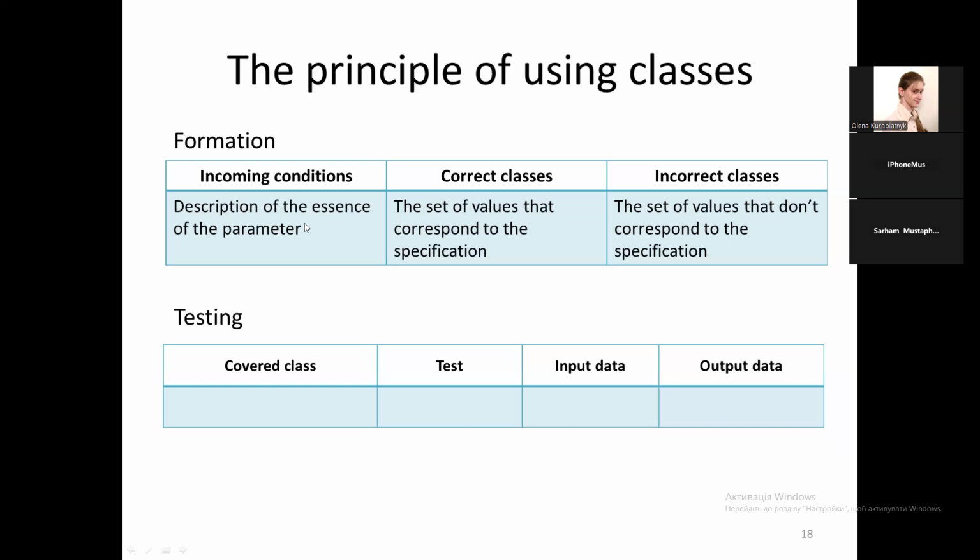In the first table I need to describe all incoming conditions. In the first column, I write a description of the essence of the parameter. For example, n, number of students, or c, a count of devices, or another, or m, a matrix of integer values, for example.